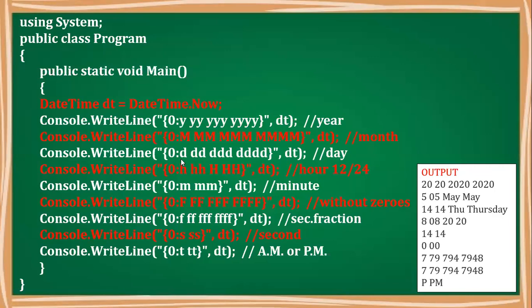Next, go to d. If you write d, it will print the date completely. If you write dd, again it is going to print it completely. If you write triple d, it will give the name of the day. So in short, if you try four times d, it will give you the name of the complete day, Thursday.